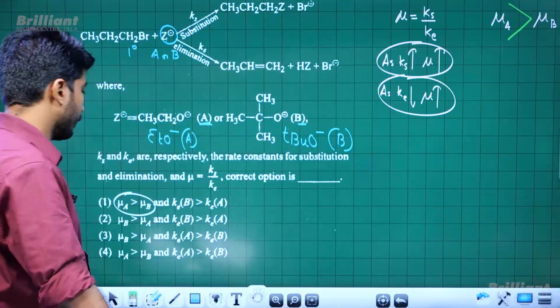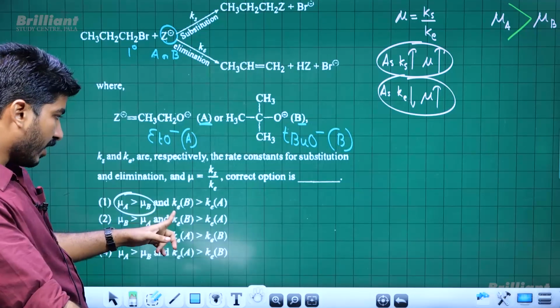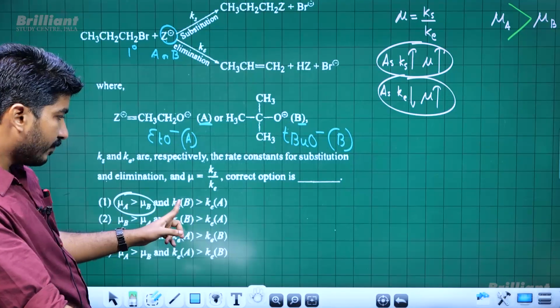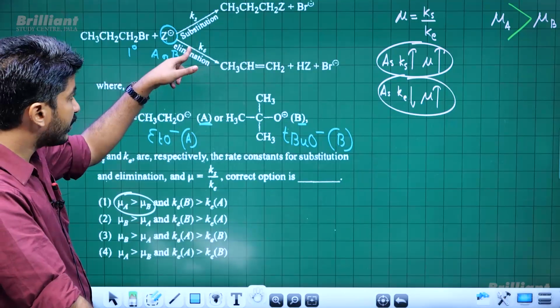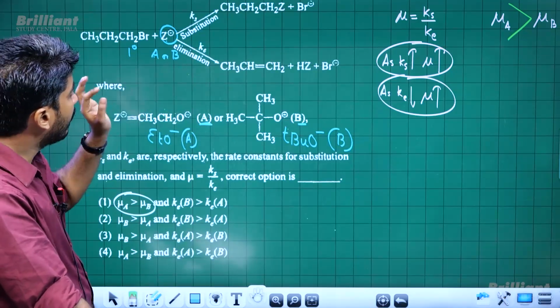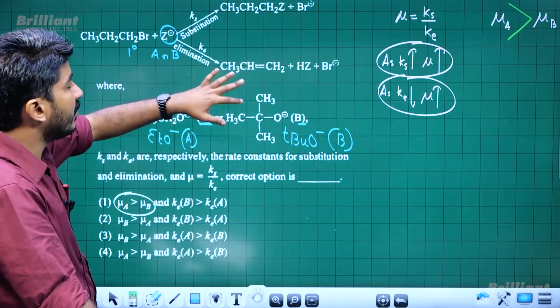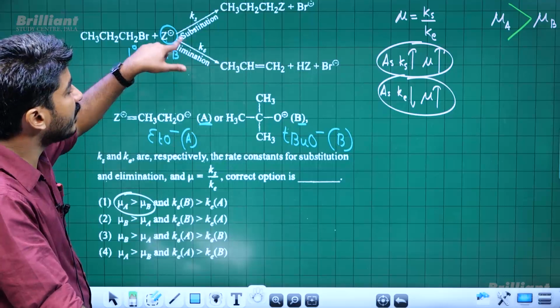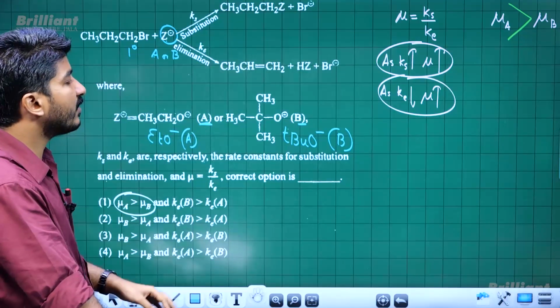Now they have to compare one more case, Ke of B versus Ke of A. That is, the elimination rate constant for A and for B. Whether this elimination reaction is faster with A or B, that is the question. This elimination reaction will be faster with B because there are more steric factors there.